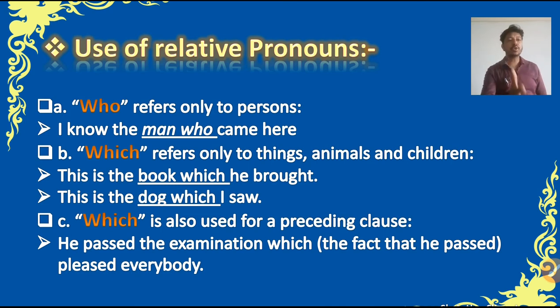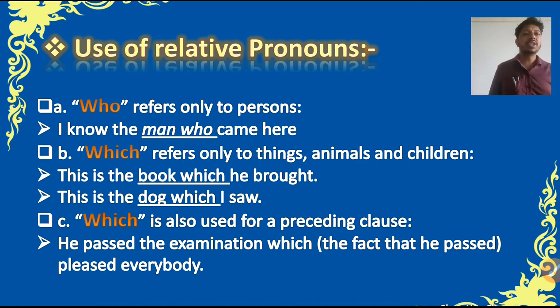You have to place which, the relative pronoun, immediately after the noun or pronoun or the thing you are going to indicate or mention. And the next example is, this is the dog which I saw. The same rule, the same manner is followed here.